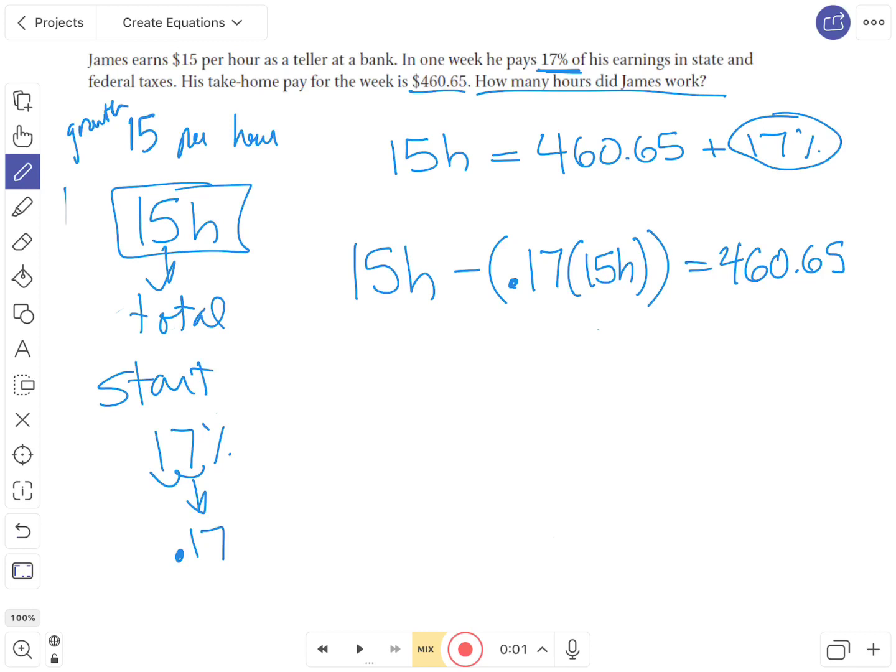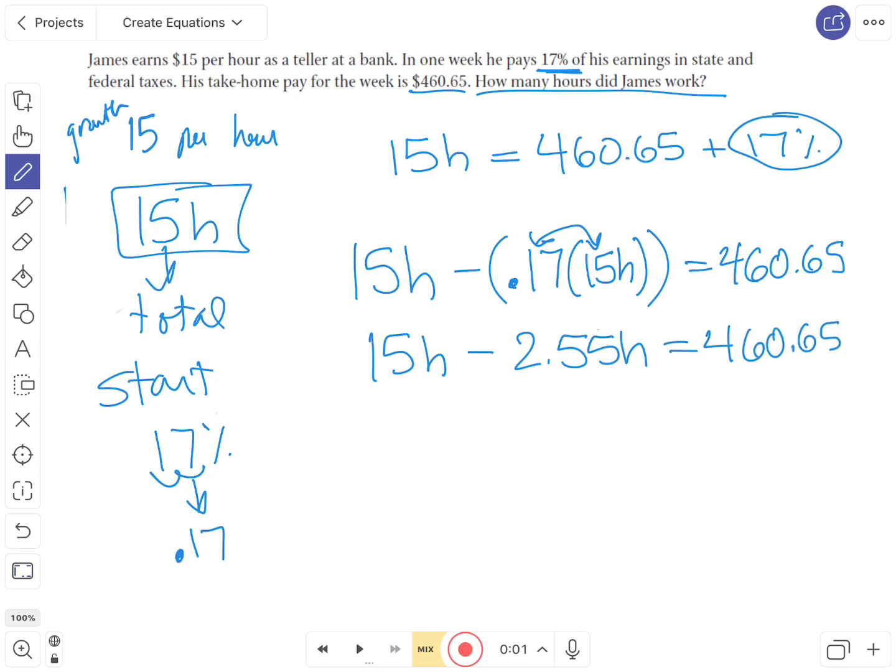So this one's a little bit more complex. Now we can multiply, using that order of operations stuff we've been dealing with. We can go 0.17 times 15, and that would be $2.55. So basically, of the amount he makes per hour, he subtracts $2.55 to go to his taxes.